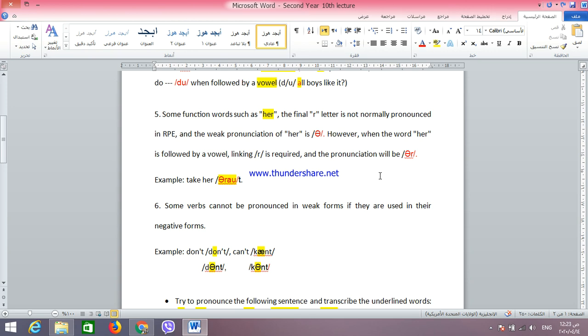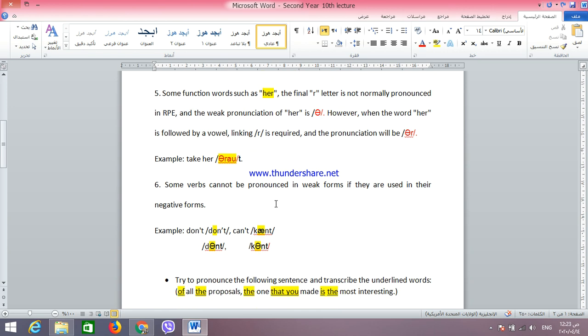Example, take her out. Ra is pronounced because the word her is followed by a, which is a vowel. Otherwise, it's going to be the schwa only, because if you remember, the h sound is normally omitted, left out. We do not pronounce it.